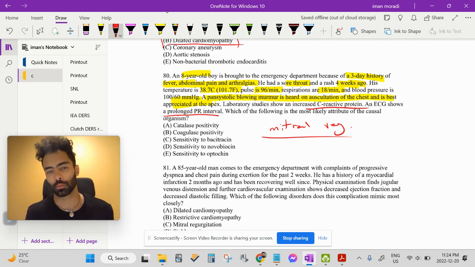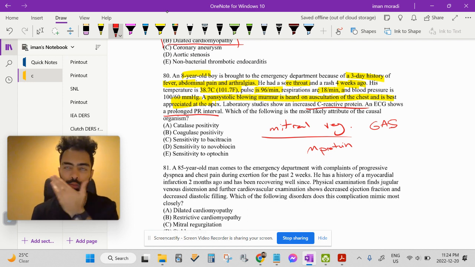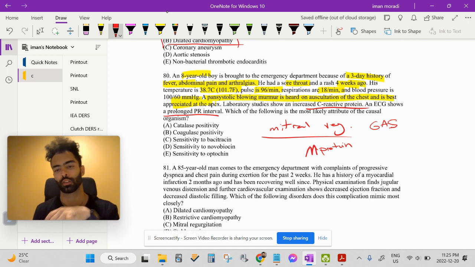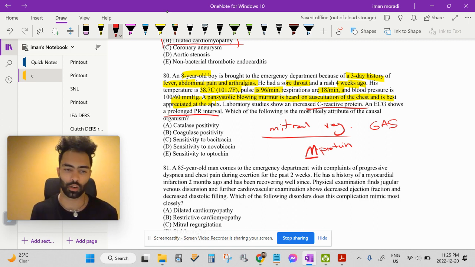So this is caused by GAS, group A strep, also called Strep pyogenes. One of the virulence factors this bacteria has is M protein. The M protein looks like the heart, like myosin or myocardium.